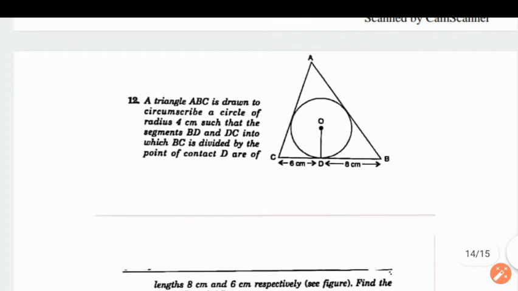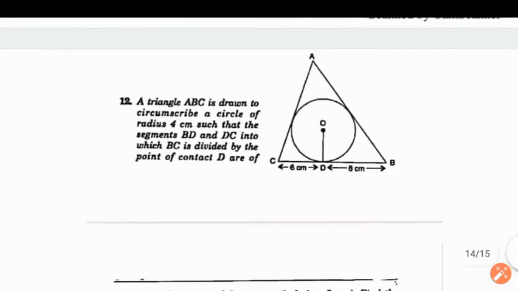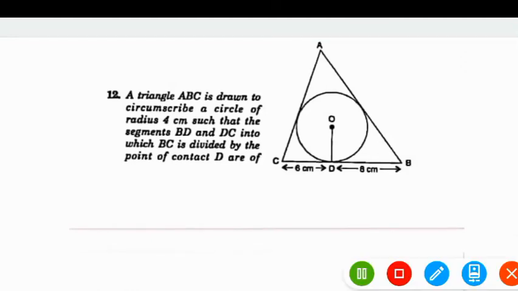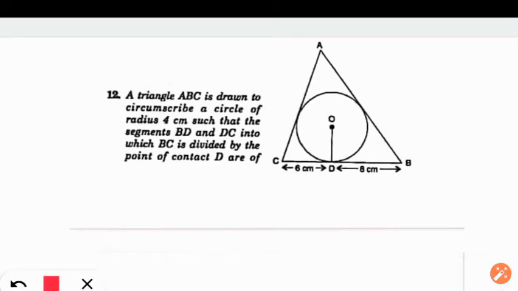Here we have the second last. A triangle ABC is drawn. You can see triangle ABC.